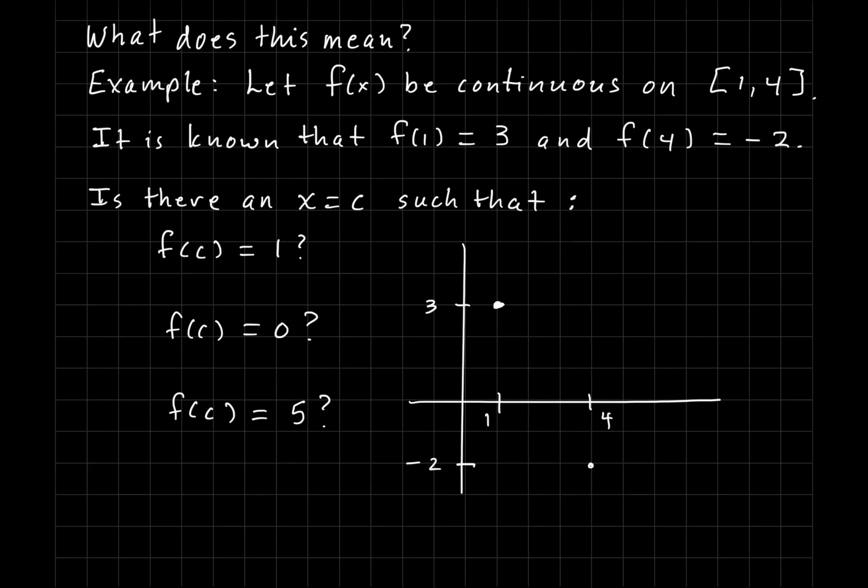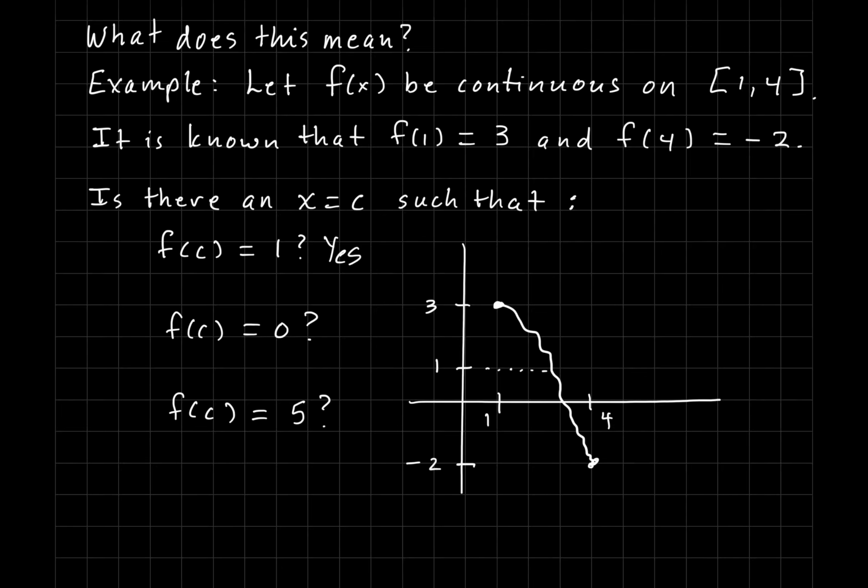Is there an x value, which we call x equals c, such that f of c equals 1? That is, if I start at this y value and then go down to my final y value, and my function is continuous, does y have to equal 1 somewhere? Well, of course. So by IVT, we see that, yes, f of c, or y, equals 1 somewhere.